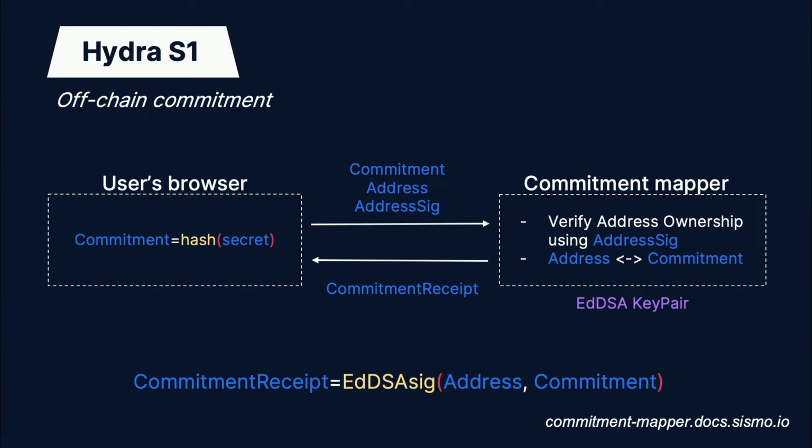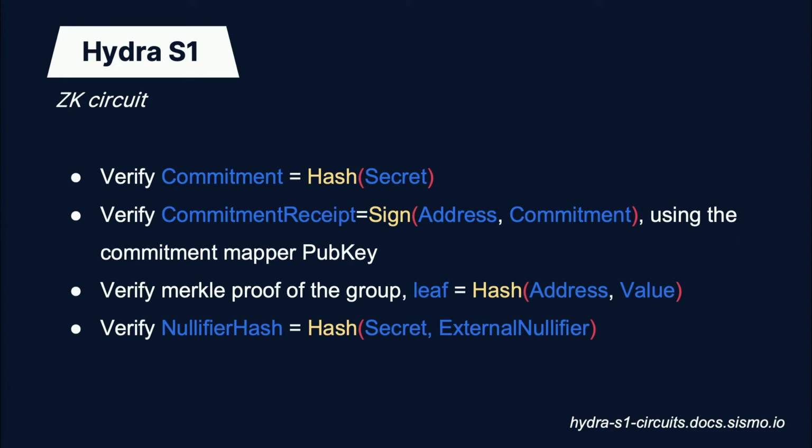So the EDDSA is really easy to verify inside, for instance, Circom. And in the Hydra S1 circuit, we will verify that the commitment was well made with the hash of a secret. So the user well knows the secret, and he is the only one to know this secret. We verify the commitment receipt is well signed by the commitment mapper, which ensures the commitment well went to the commitment mapper and was approved.